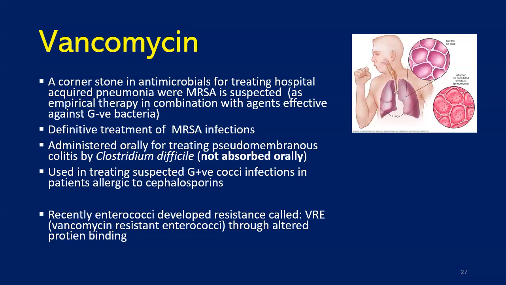The mode of resistance is a change in the binding site of vancomycin at the level of the 4th and 5th amino acid. The 5th amino acid will be changed from D-alanine to another amino acid, so the vancomycin conformational binding or the ligand of vancomycin cannot fit to the 5th amino acid, and it will be rendered inactive.